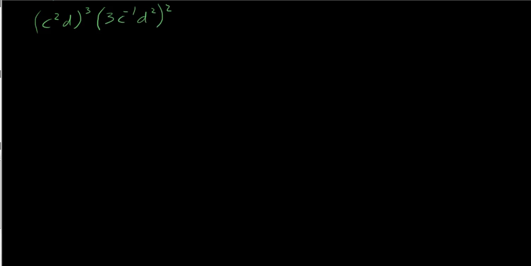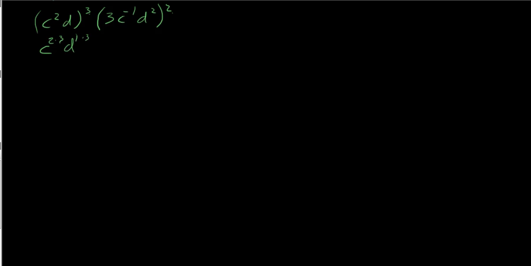So the first thing we probably want to do is distribute the exponents on the outside of the parentheses, and then we can collect the pieces together and combine the exponents. So we're going to have c to the 2 times 3 and d to the 1 times 3.